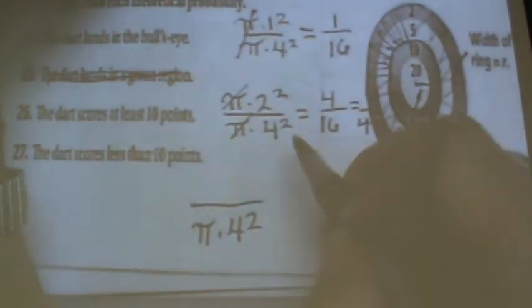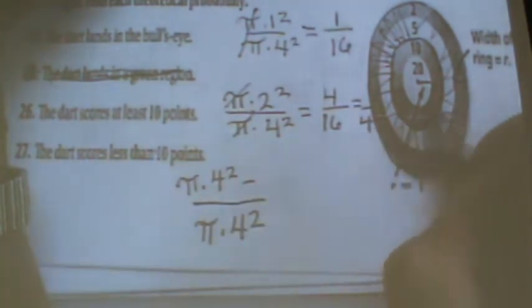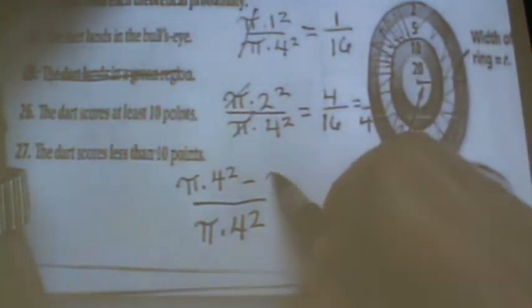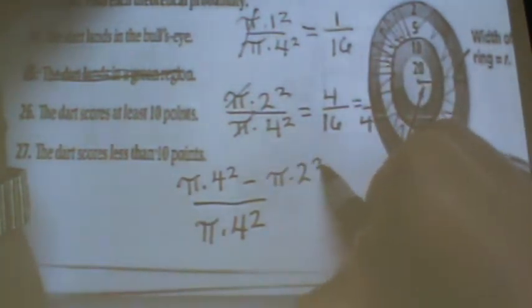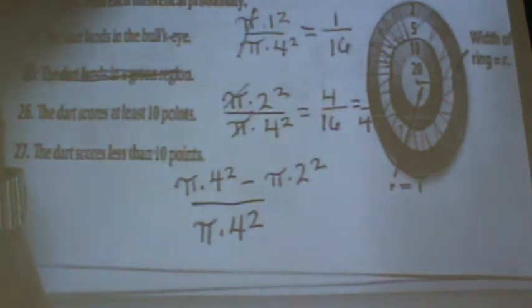The area of the whole thing is pi times 4 squared, and we subtract pi times 2 squared.